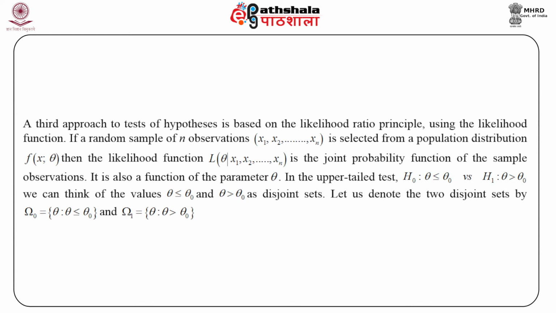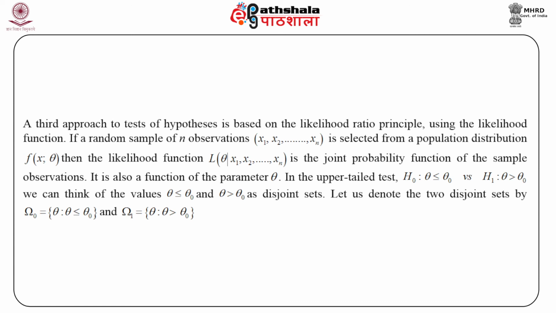If a random sample of n observations, let's say x1, x2 up to xn, is selected from a population distribution, which could be denoted as f(x given theta), then the likelihood function L of theta given x1, x2 to xn is nothing but the joint probability function of the sample observations. It is also a function of the parameter theta.